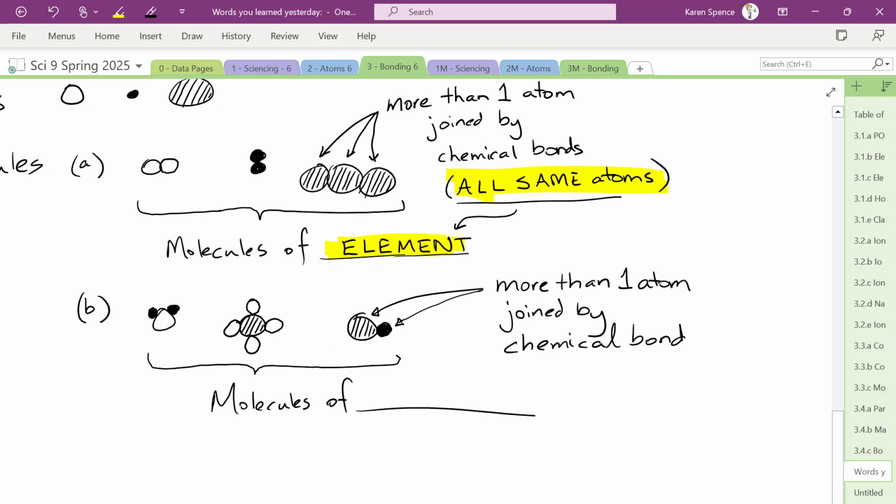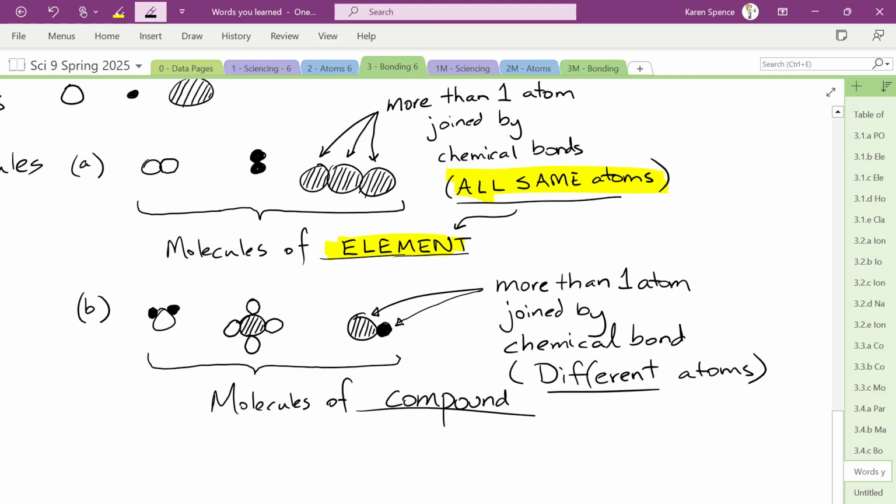But in this case, we have different atoms. That's a compound, yes. So if they're different atoms, then we have a compound.